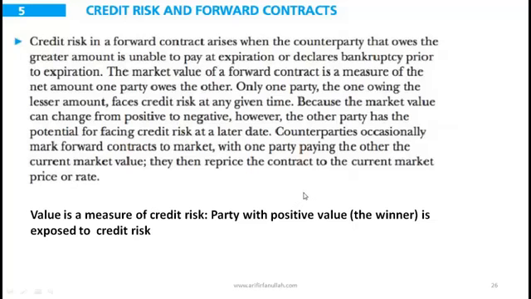So if the value of your forward contract is $22,000, then what's the credit risk exposure? It's $22,000. So the simple point is that if you are winning, the value of your contract is your credit risk exposure. What if you are losing?